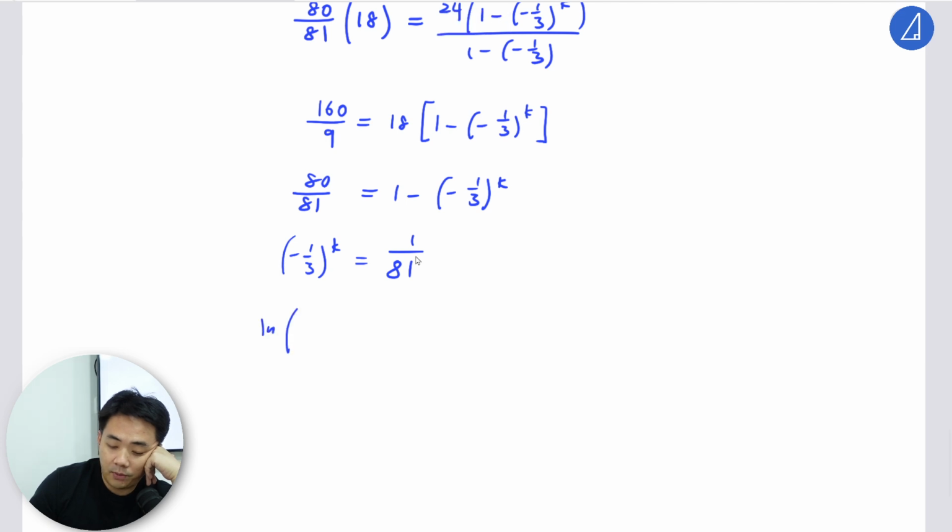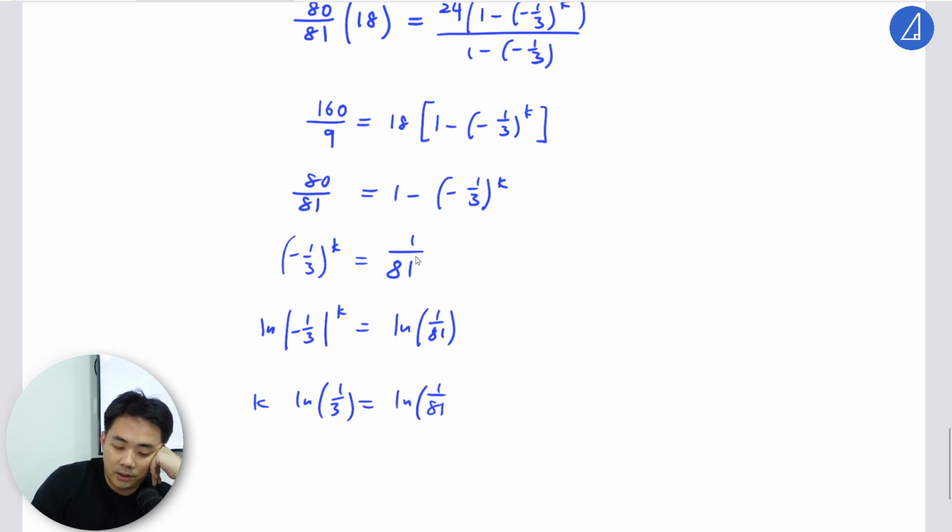log a negative number. So when you do this, just make sure you put the modulus. Then K is log base 1/3, just mod it. Then later you check if it satisfies the equation above.